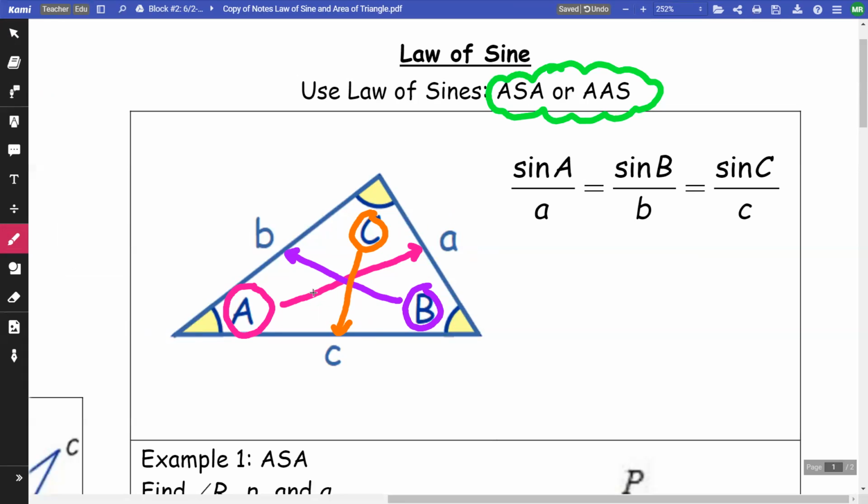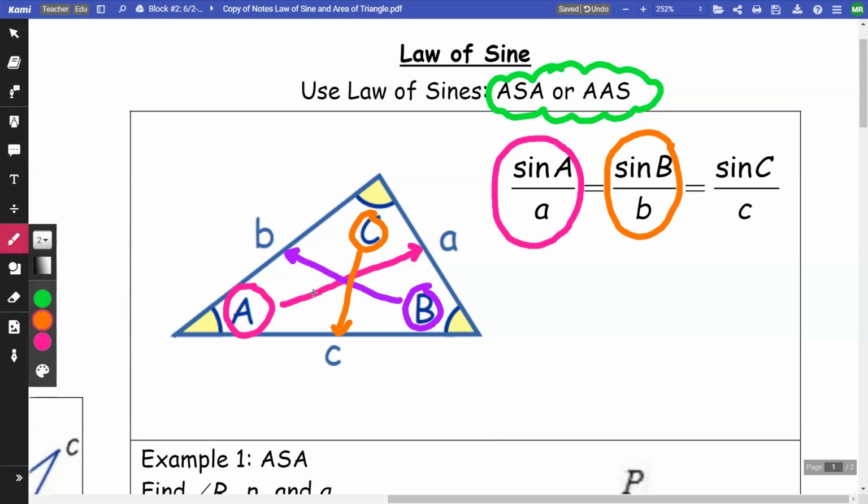Now, the formula is the following, and we're only doing a pair of these, not all three. If I know sine A over a, then I can set that equal to sine of angle B over b, or maybe sine of C over c, any combination of these.